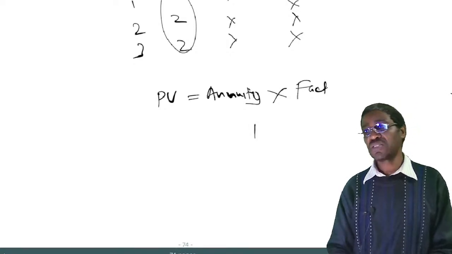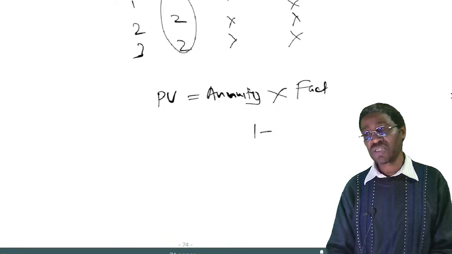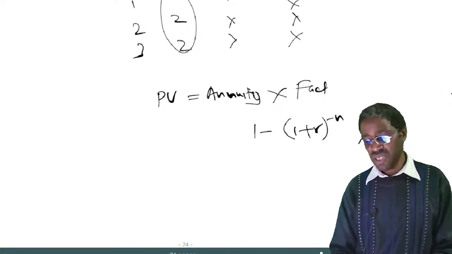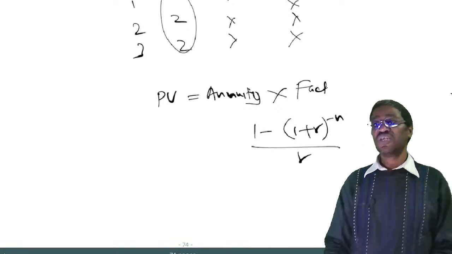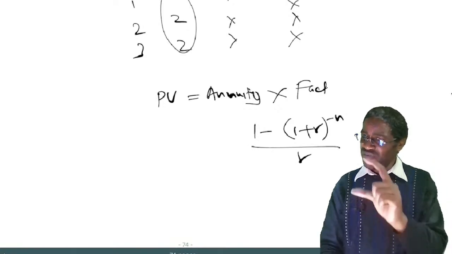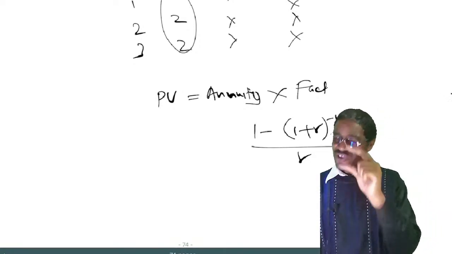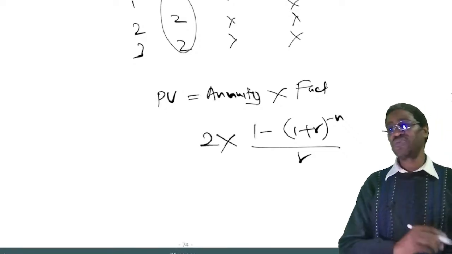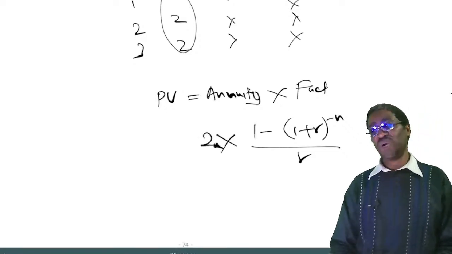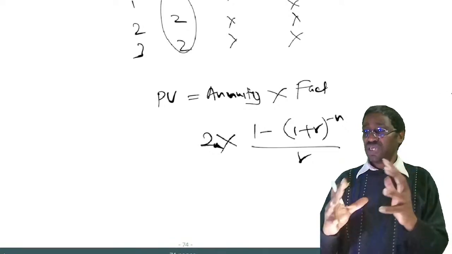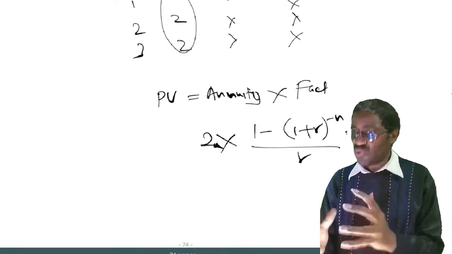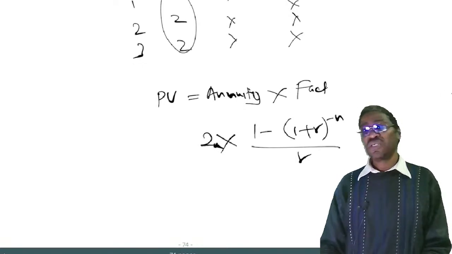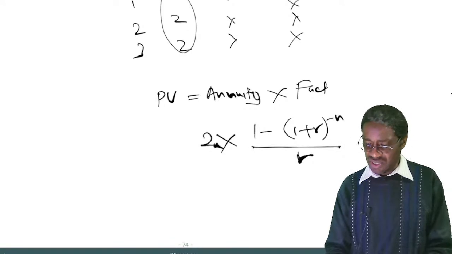It is 1 minus 1 plus r to the power of negative n, everything divided by r. If you are given annuities, you can get the 2 million times all this amount, whatever is the factor, 1 minus 1 plus r to the power of negative n, and you divide that by r.